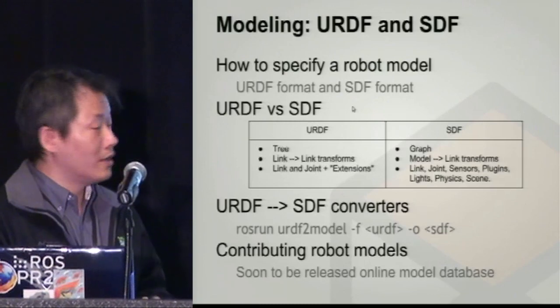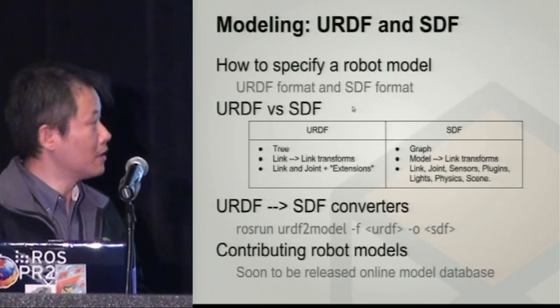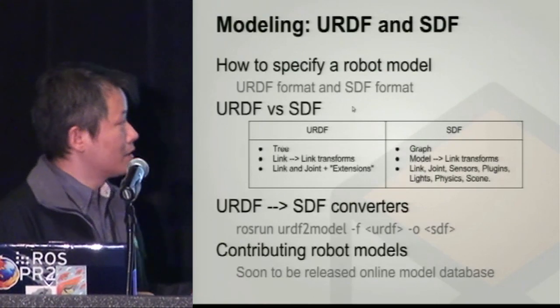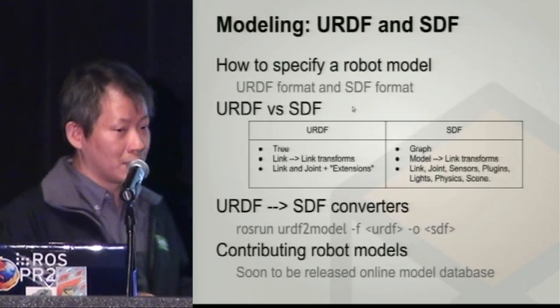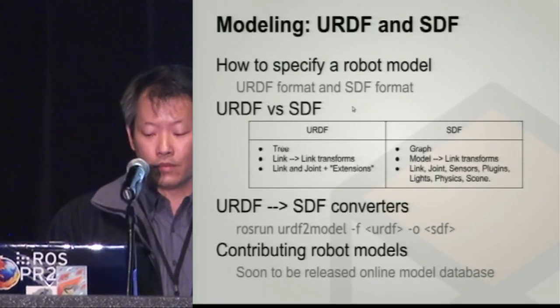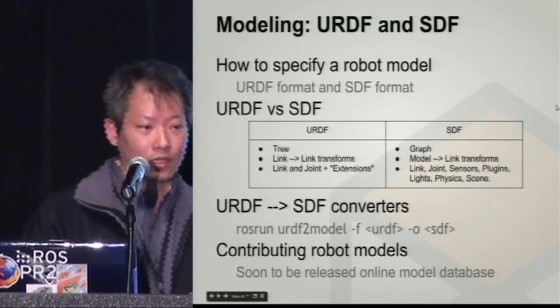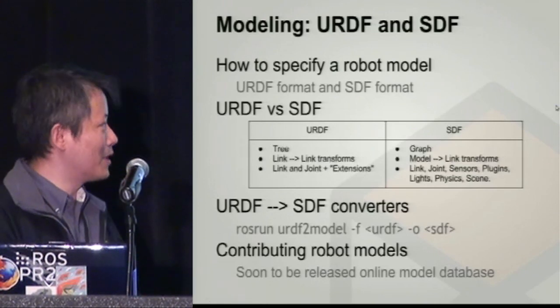On the other hand, SDF is written for Gazebo specifically. It accounts for more things like lighting, sensors, physics, scene, OpenGL descriptions, shading, for example, which are all encompassed in the SDF.